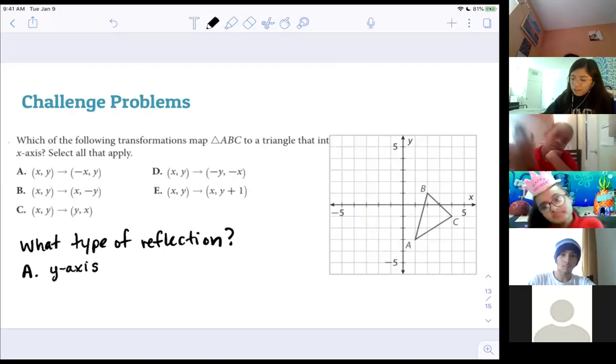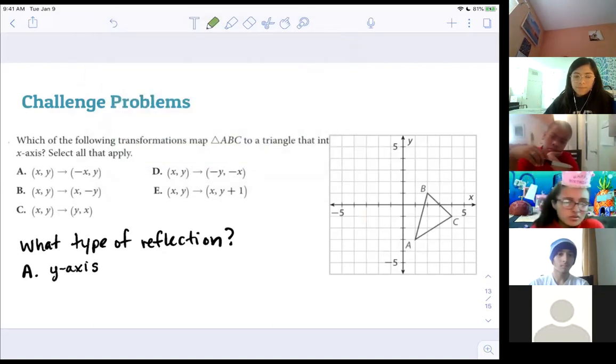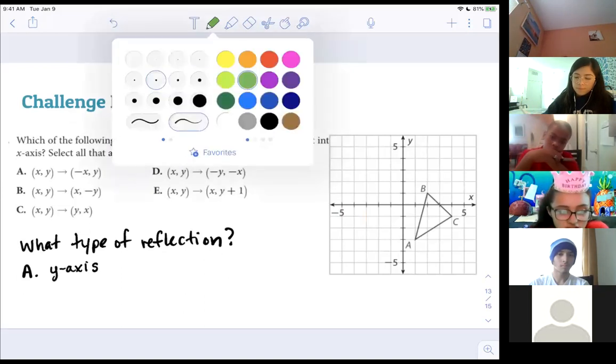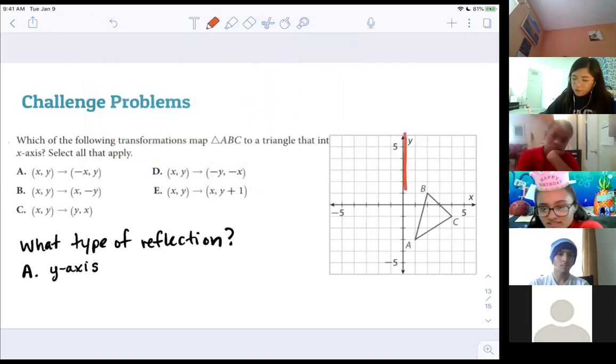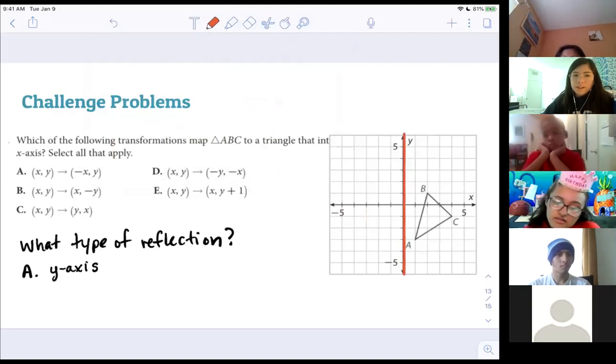And if this triangle is being reflected over the y-axis, will the image cross the x-axis? Shouldn't. So if it's jumping over this line, will my image also cross the x-axis?